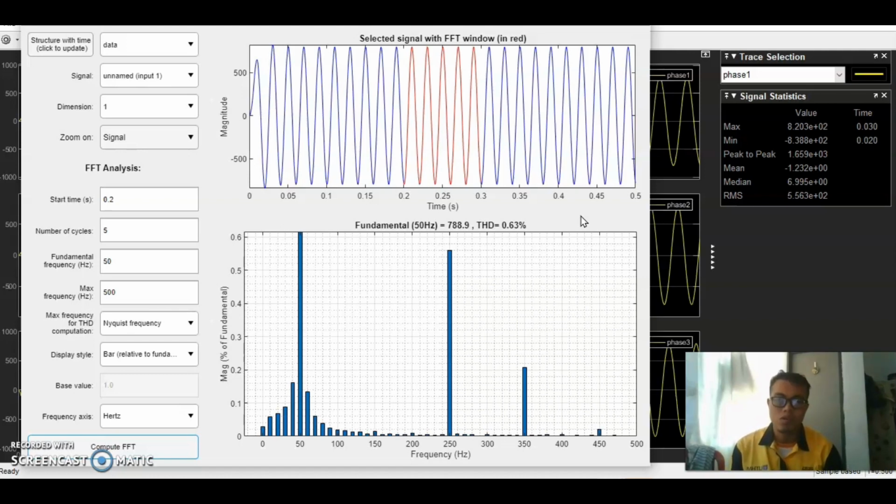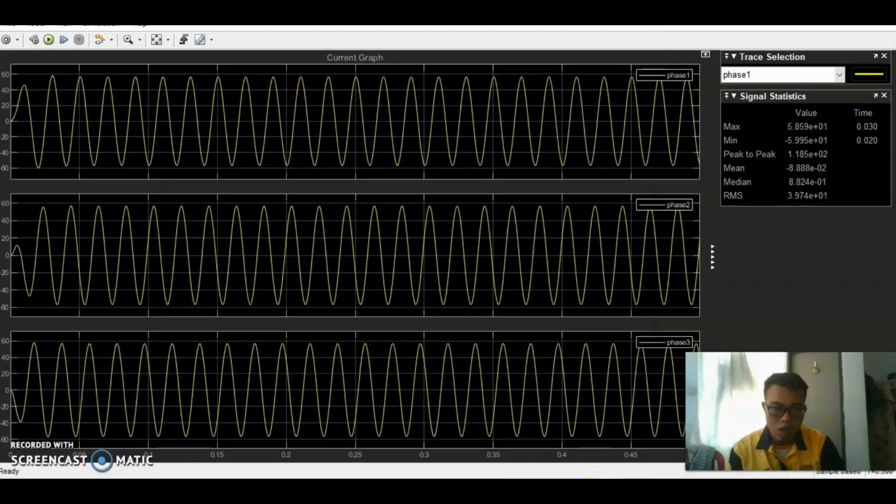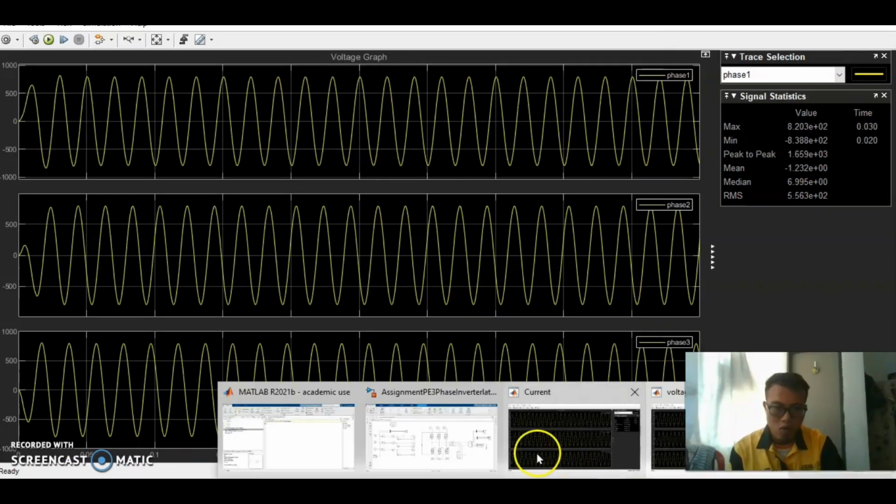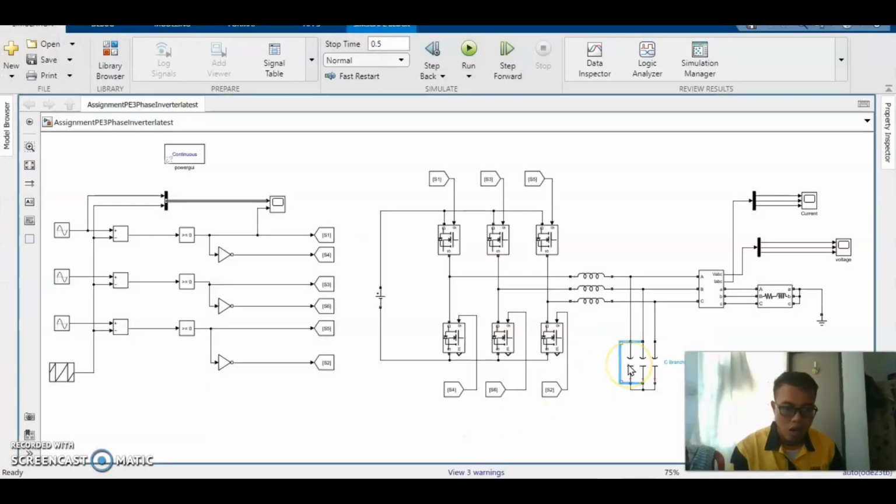Based on the THD results, we got THD below 7% on both sides, voltage and current, and the graphs of current and voltage are in sine wave form. I can conclude that our group circuit is in a stable condition.